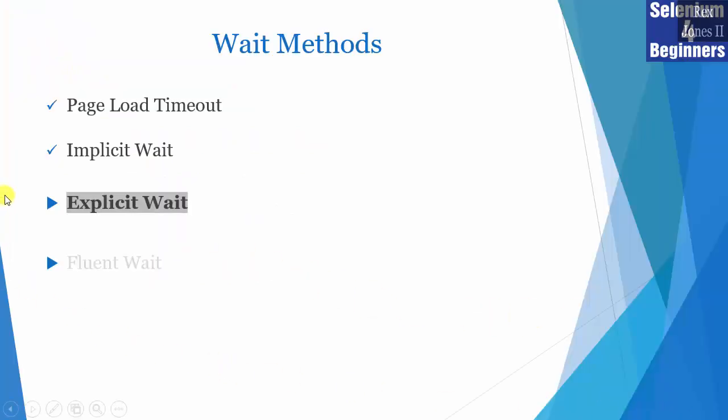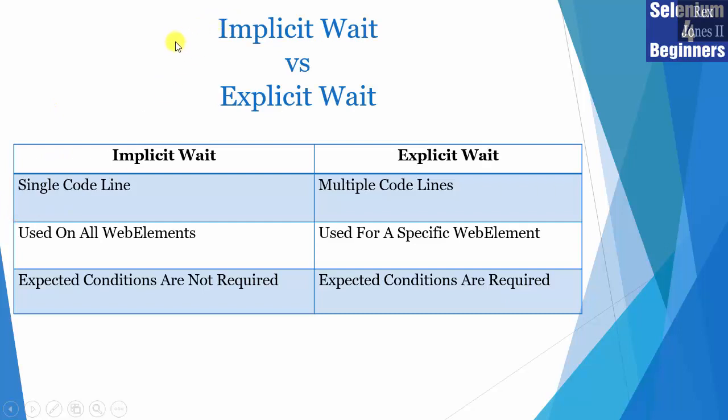Let's recap and discuss implicit wait versus explicit wait. These are the 2 most popular Selenium wait method types. Implicit wait uses a single code line, while explicit wait uses multiple code lines. Implicit wait is used on all web elements.